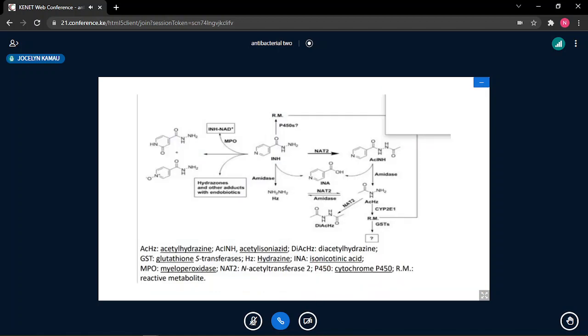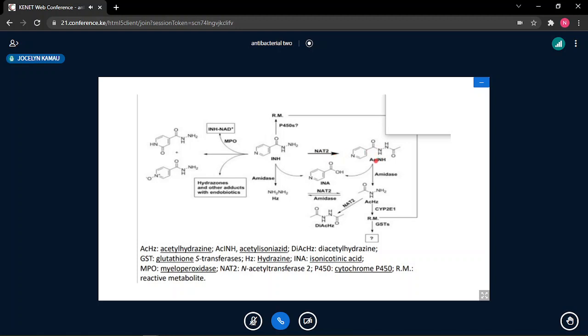I think I have another one which even indicates the enzyme. So again, we are starting with isoniazid. This is our isoniazid here. That isoniazid can undergo acetylation, and the acetylation is catalyzed by N-acetyltransferase, the enzyme that catalyzes the acetylation.